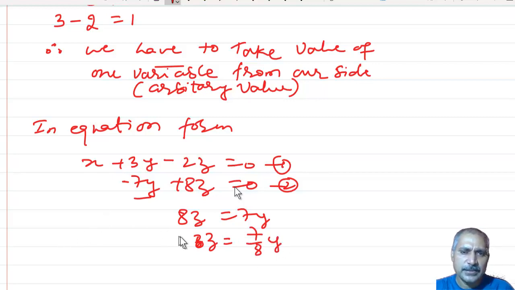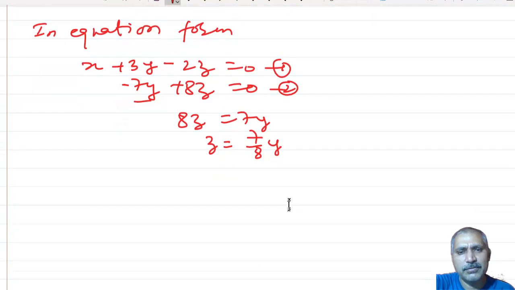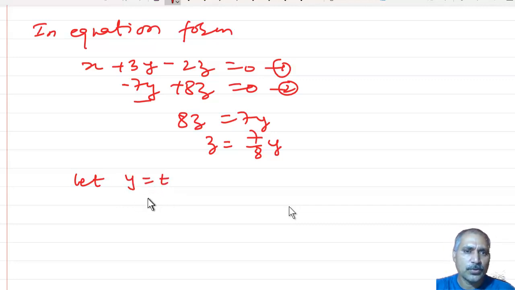Is it clear? We got the value of z in terms of y. Let y is equal to t. So z will be 7 upon 8 t.